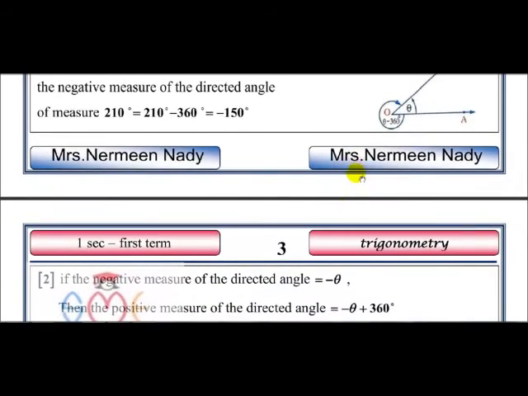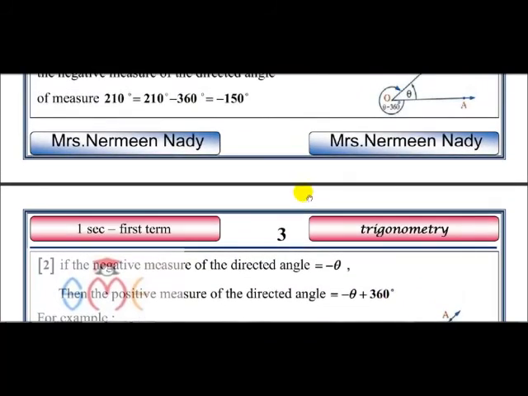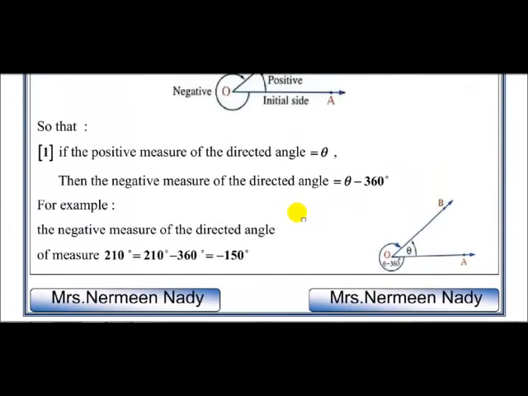If you want to get the positive measure, you write the negative measure plus 360. But if you want to get the negative measure, you write the positive measure minus 360.